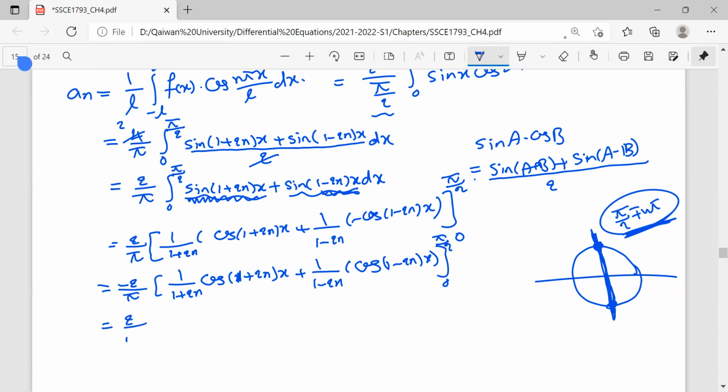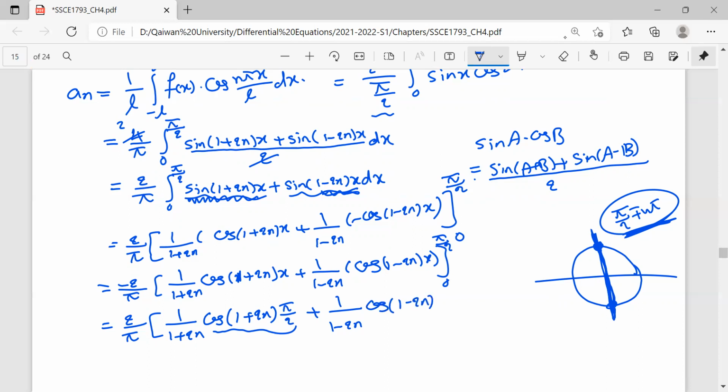So we get 1 over 1 plus 2n cosine (1 plus 2n) times pi over 2, which is 0, because we get pi over 2 plus n pi, on the vertical axis. Plus 1 over 1 minus 2n cosine (1 minus 2n) times pi over 2 is the same, also 0. This is for pi over 2.